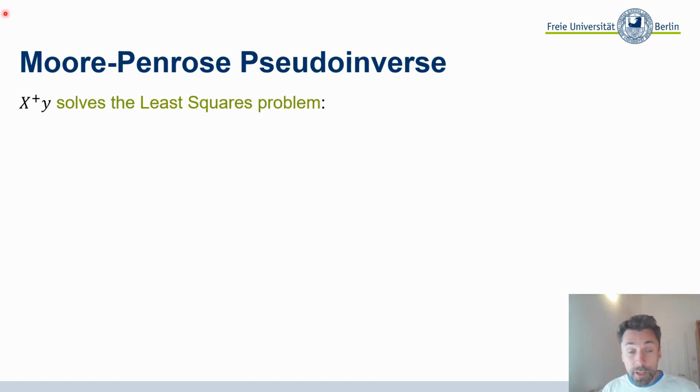The cool thing about the pseudoinverse is that it solves our minimization problem. X plus times y gives us the optimal least square solution, so the vector w that minimizes this expression. And this can be seen by looking at this. If this is true, then we could just see what we get if we multiply x transpose x to both sides.